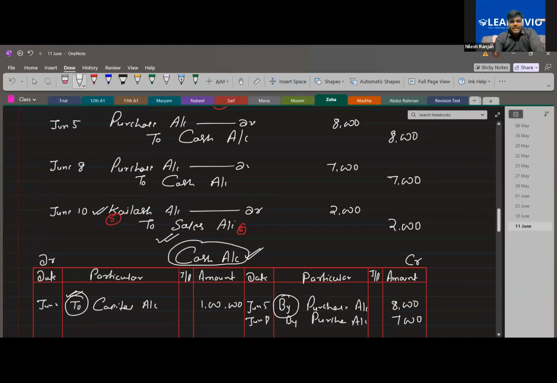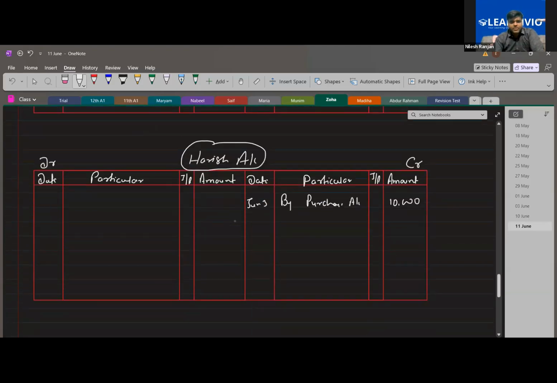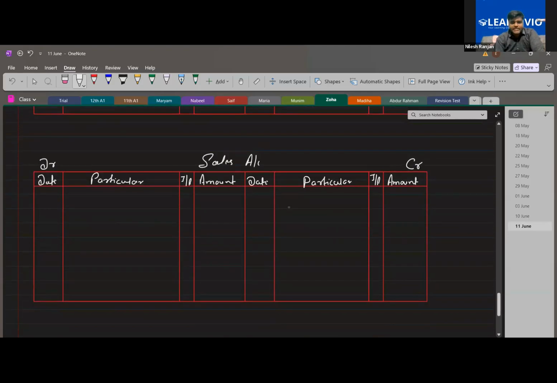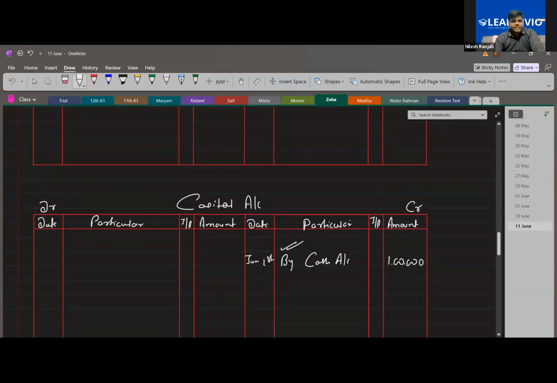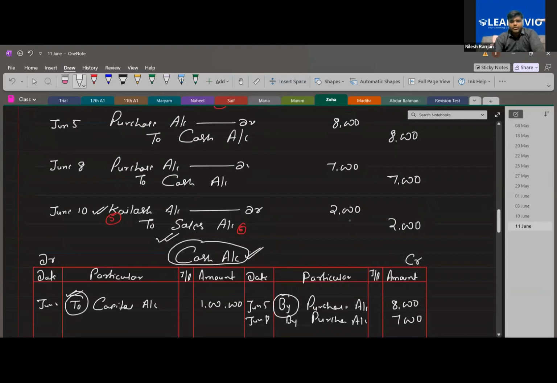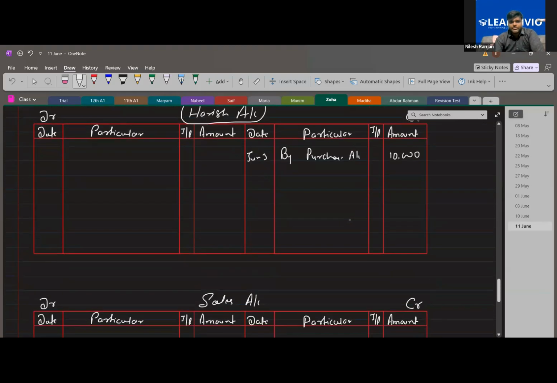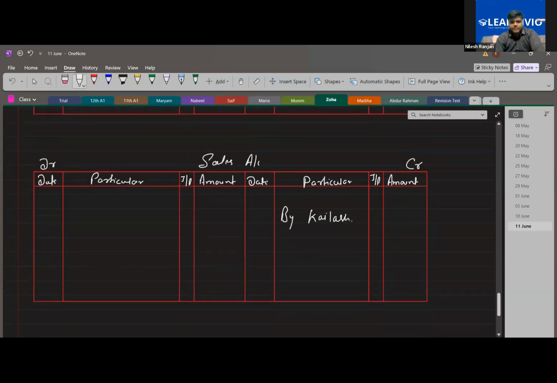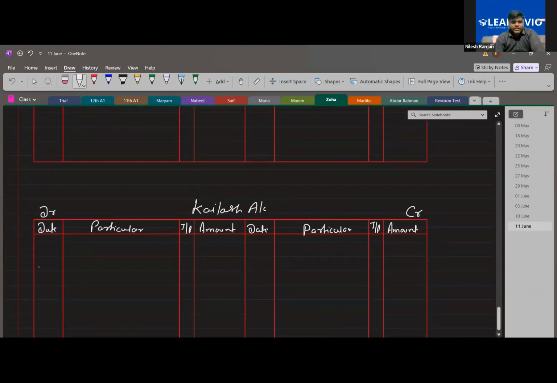The last transaction is Kailash to sales. So in sales, it will be by Kailash. Date is June 10, amount is 2,000. June 10, 2,000. And here it is to sales, 2,000.